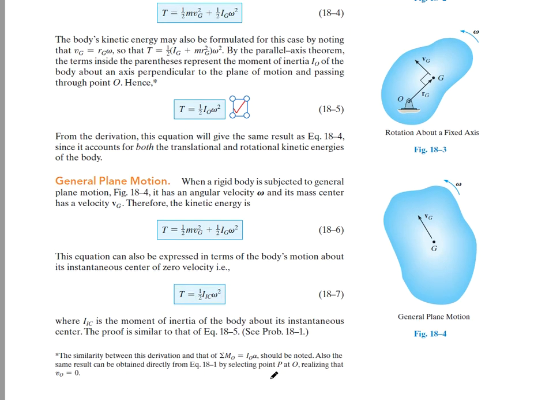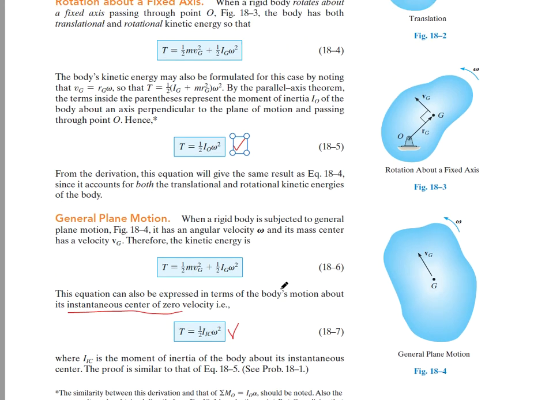We can write the kinetic energy of a body relative to the instant center of zero velocity, and that will be a case where the translational kinetic energy is combined with the rotational. Because it's zero velocity, it'll be like the point P equation earlier, but the velocity of point P equals 0. So maybe I should go back.